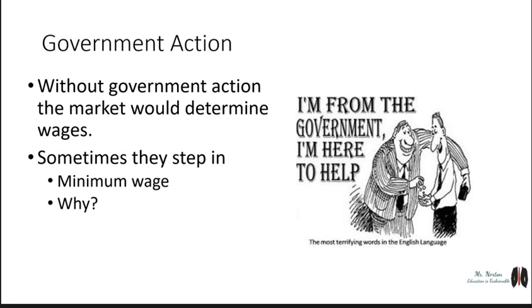Well, the equilibrium could be like $4, which means that, if we didn't have a minimum wage, people would be working for $4. And if people are already complaining that it's impossible to survive at the current minimum wage, then obviously they certainly wouldn't be able to at the reduced rate.